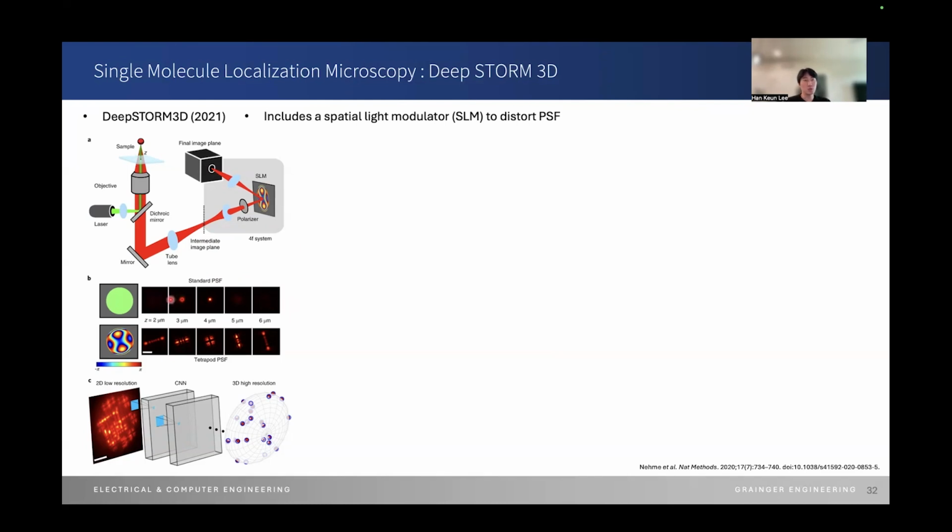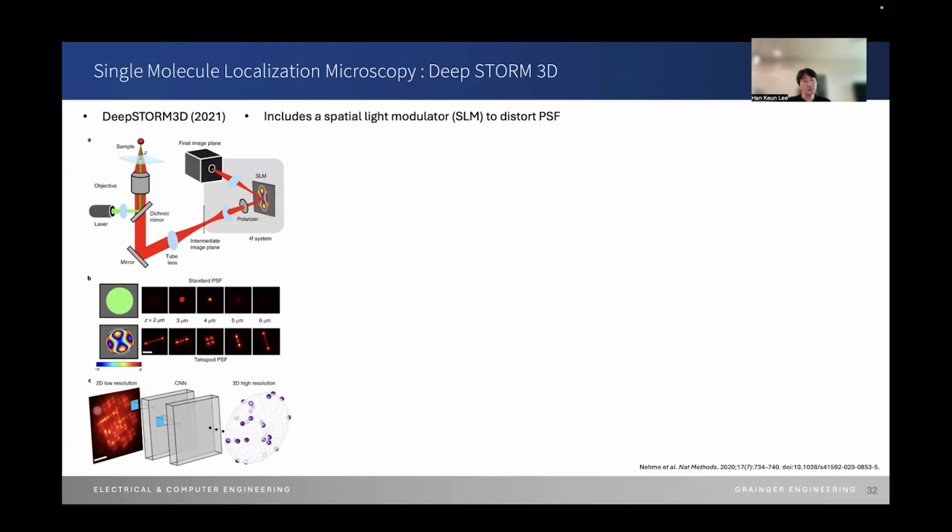They're kind of circular, and one might be brighter, one might be dimmer. However, they created what they call a spatial light modulator to distort the point spread function so that depending on the axial position, they can create different patterns that are shown here. So depending on the pattern, they can know where the points actually are.